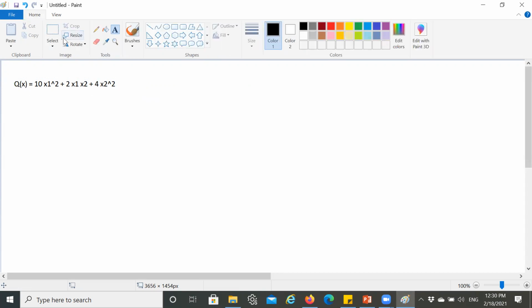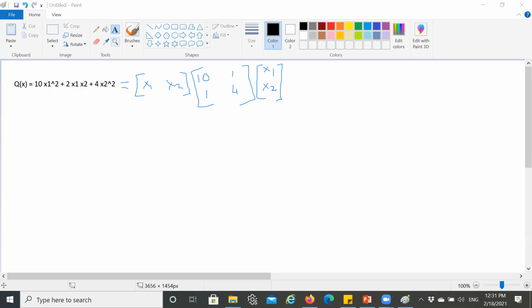And the quadratic function, if you write it in terms of a matrix, this is how you can represent it. So writing this is the same as x1, x2, and then my matrix, which is holding the coefficients: 10, 1, 1, 4, this is symmetric, and then x1, x2.